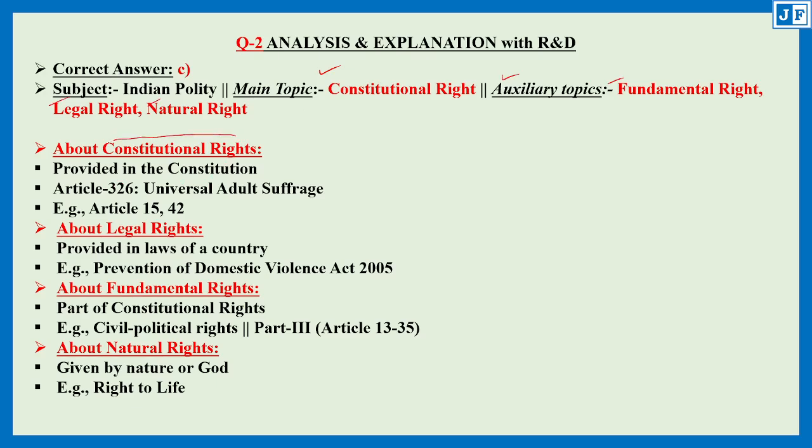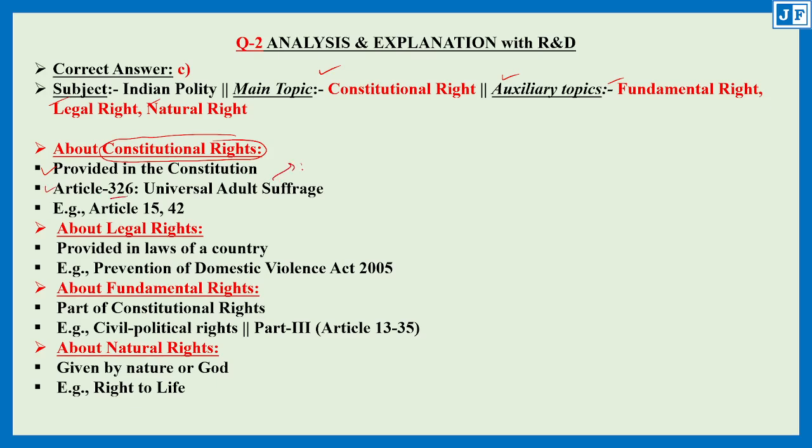Regarding constitutional rights, these are provided in Indian Constitution. These rights are the rights which are provided by the Constitution of a country. Whether it is Indian Constitution or American Constitution, it doesn't matter. For example, Article 326 of Indian Constitution provides for a universal adult suffrage.